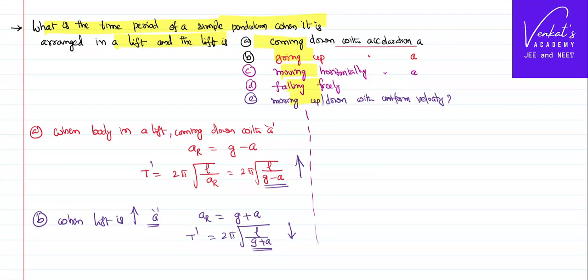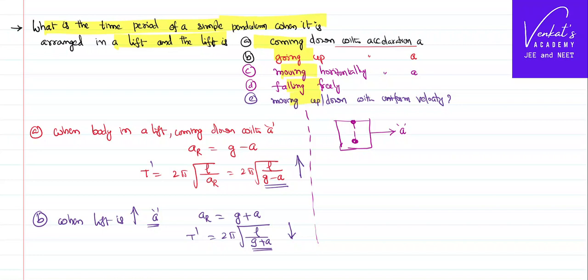Look at the third case. There is a lift, and on its ceiling a simple pendulum is attached. Now this lift is moving in a horizontal direction with an acceleration A. So this frame becomes a non-inertial frame.